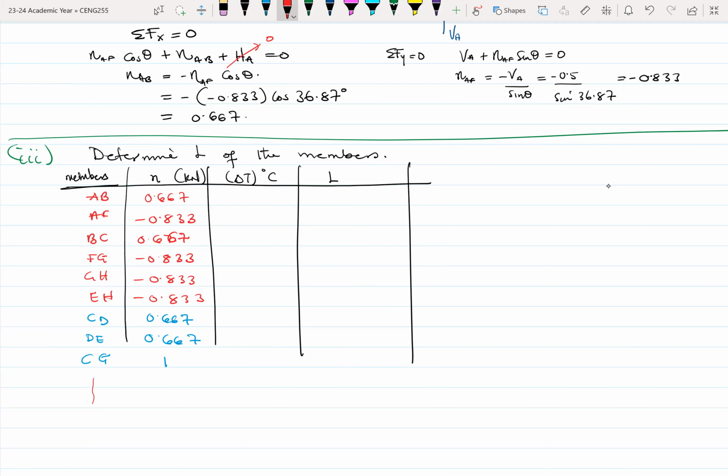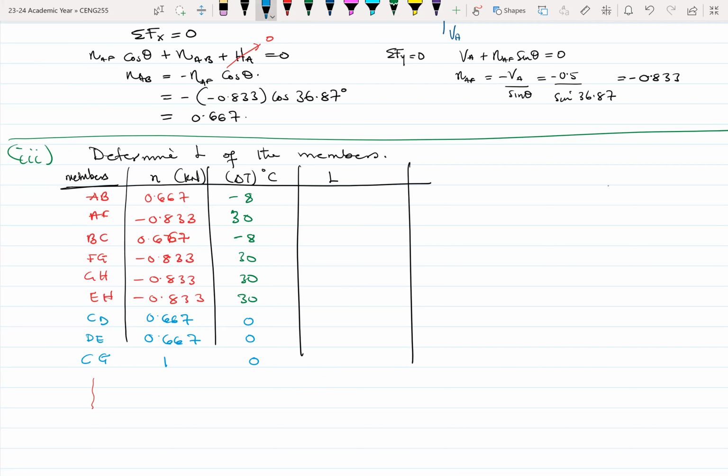There are a few more, but they're not too important to us because the change in temperature will be 0. So here for AB is minus 8. For AF, we know it's plus 30. Then minus 8 again for BC. Then it's 30 for these other ones. The rest that we are left with, the change in temperature is 0.